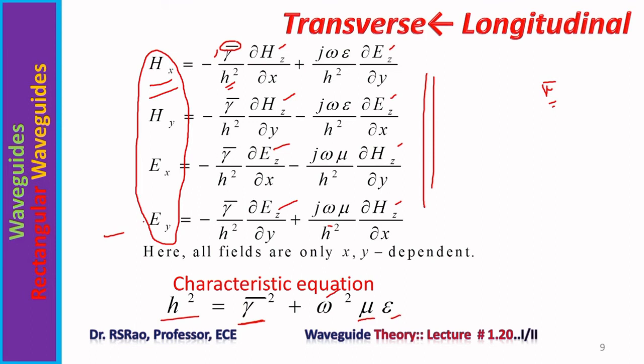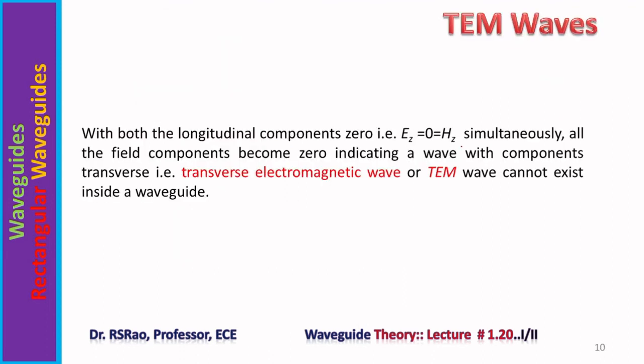How did we get these equations? By manipulating the 6 equations which we had in the last slide. One can notice from those expressions that with both longitudinal components 0, that is Ez = 0 and Hz = 0 simultaneously, all the field components become 0, indicating a transverse electromagnetic wave, or TEM wave, as it is called. It cannot exist inside a waveguide.